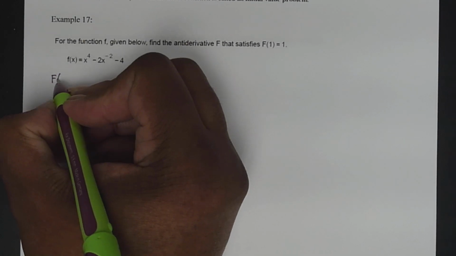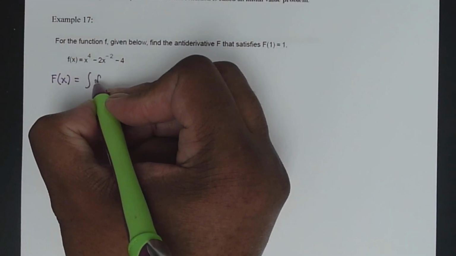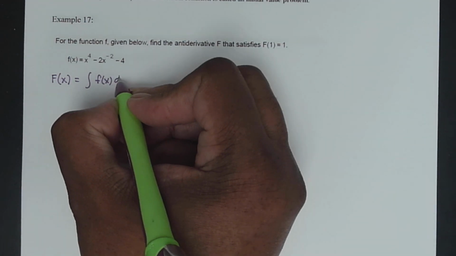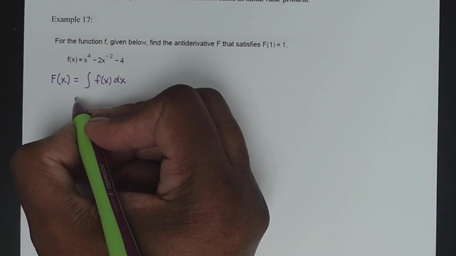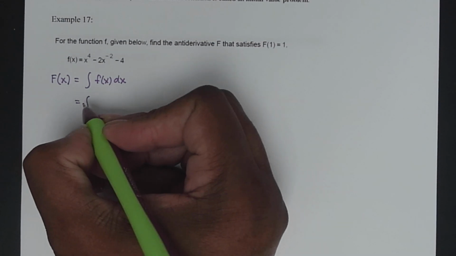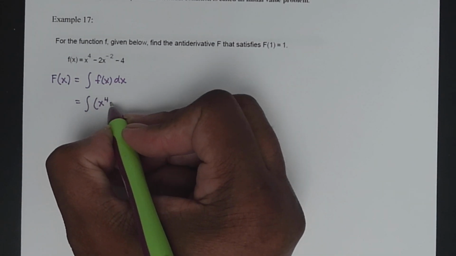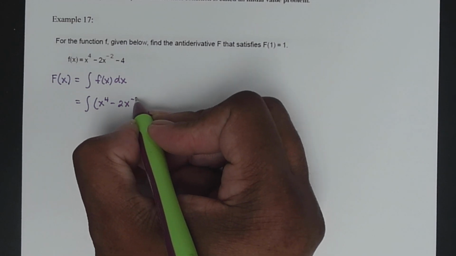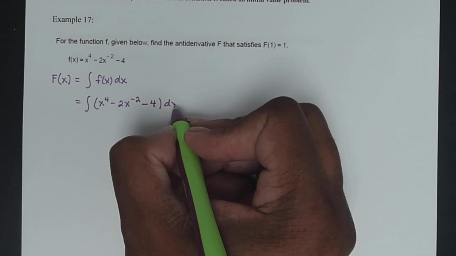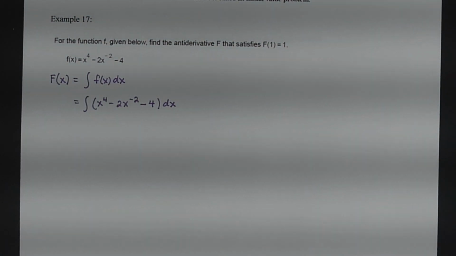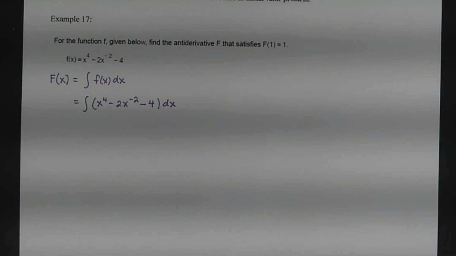So in this case, if I'm finding capital F of x, that will have to be the integral of lowercase f of x dx. Here's what lowercase f of x is. It'll be the integral of x to the fourth minus 2x to the negative 2 minus 4 dx. Now we integrate as we normally would in the previous examples.